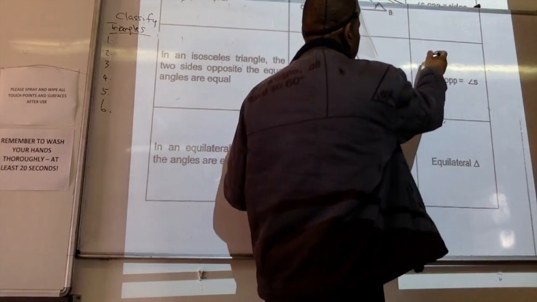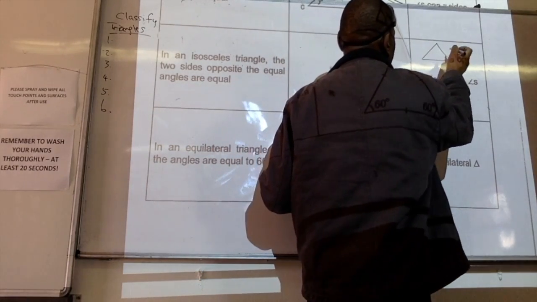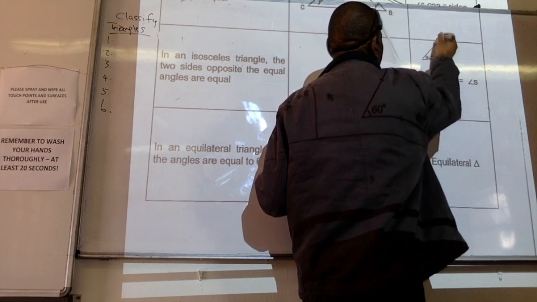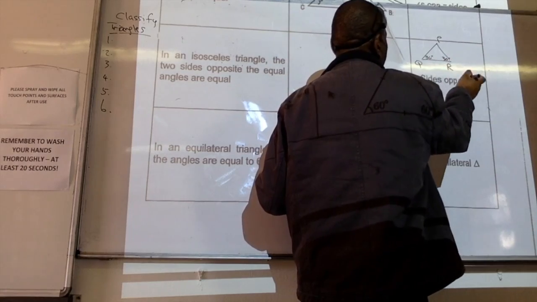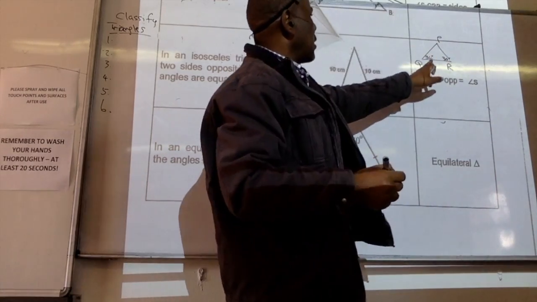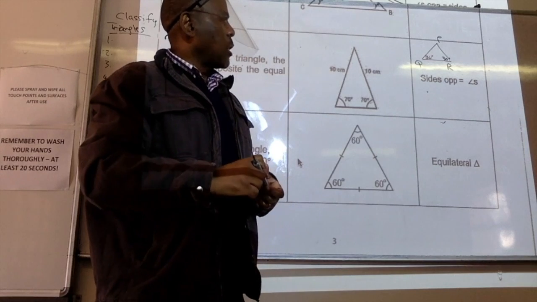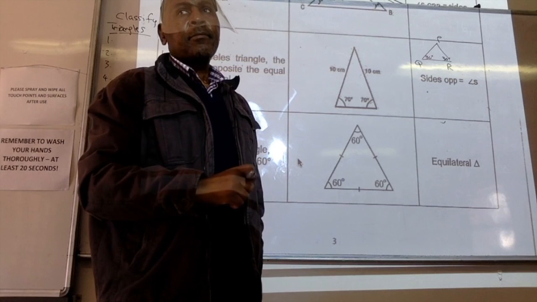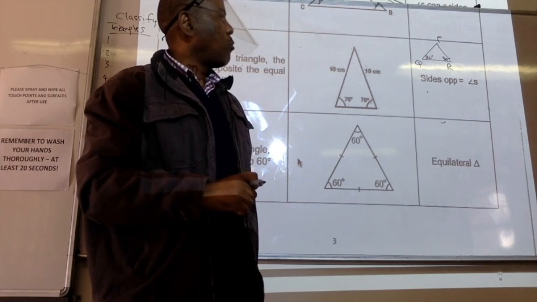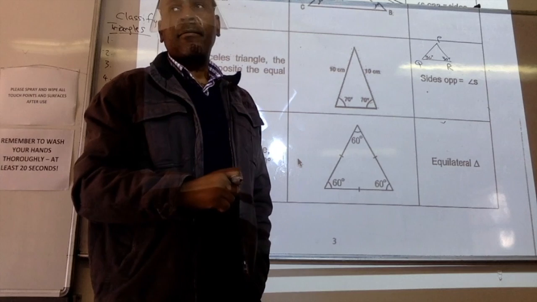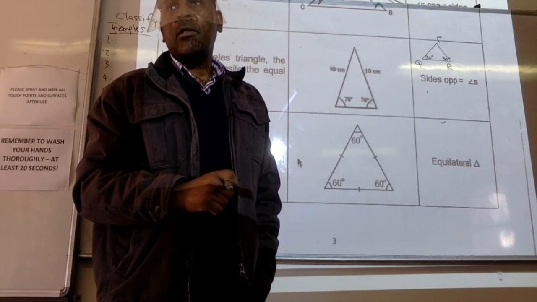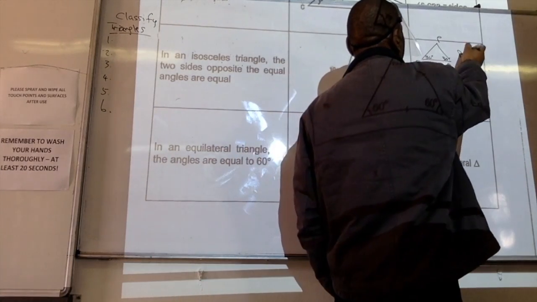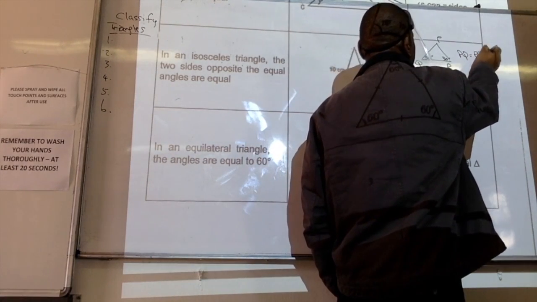So if I tell you, for instance, this is 30 degrees, and this is also 30 degrees, maybe this is P, that is Q, that is R. If these two angles are 30 degrees each, what conclusion can we make regarding PQ and PR? Yes. They're equal. So PQ should be equal to PR, right?